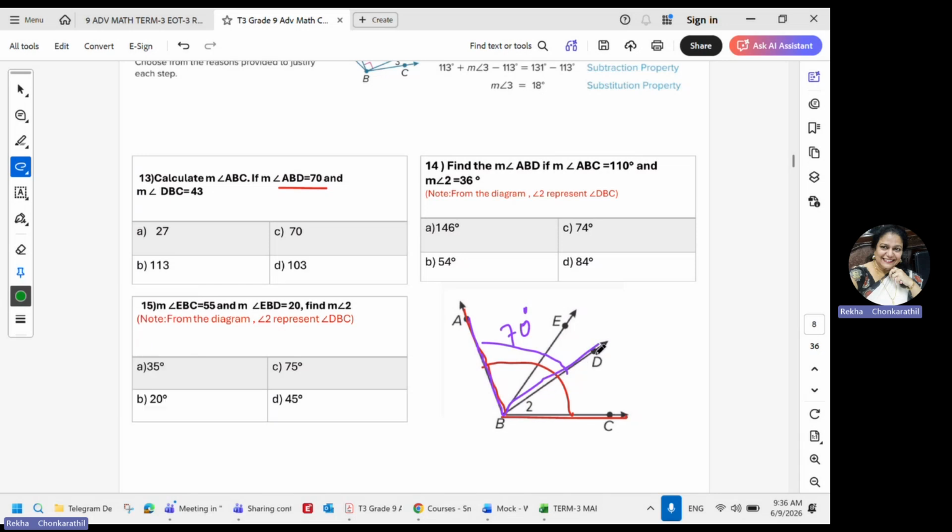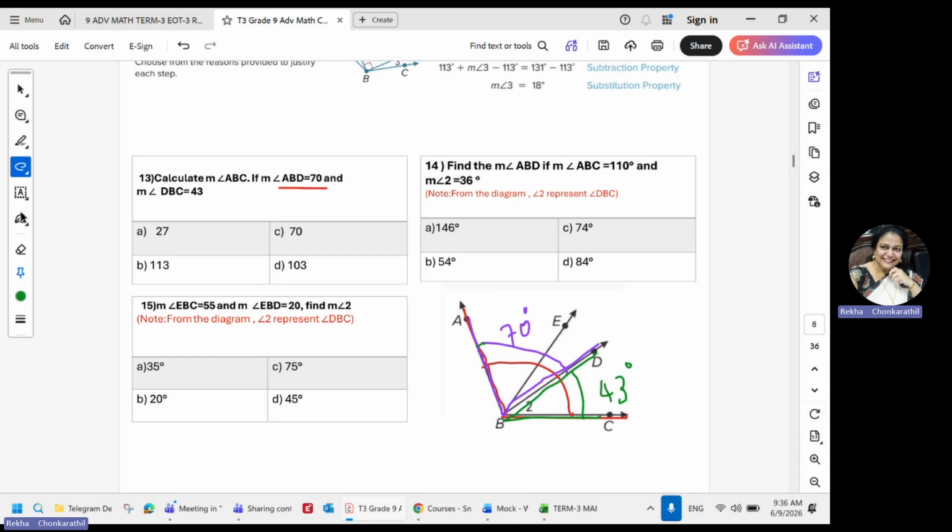This is the one. DBC. This part is given as 43. Now, the two smaller parts are given to you. You are asked to find the bigger part. What will you do? When you are asked to find the bigger portion, then you have to add the two small parts, 70 plus 43. So, isn't it 113? So, this is how you're going to form the angles questions.